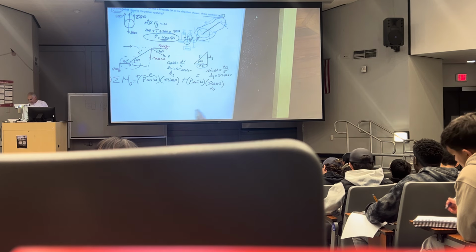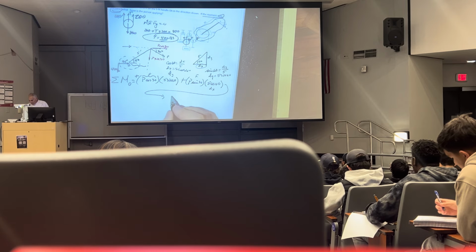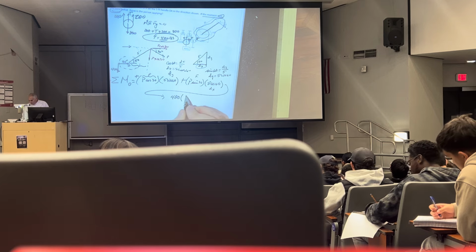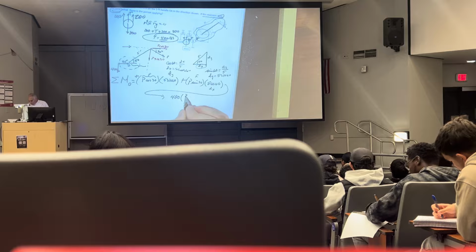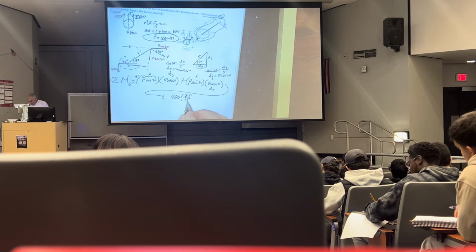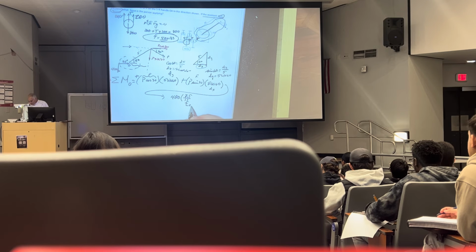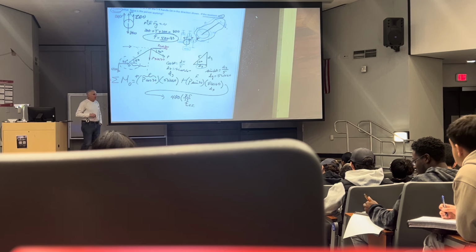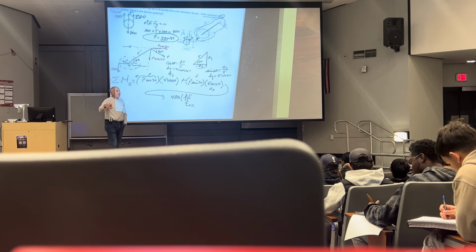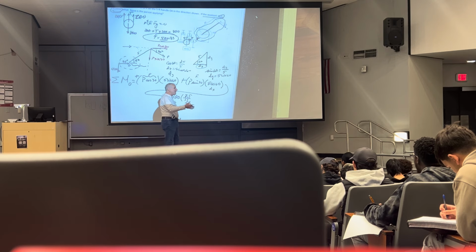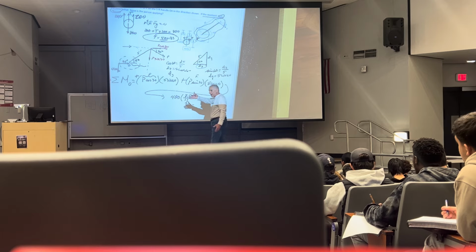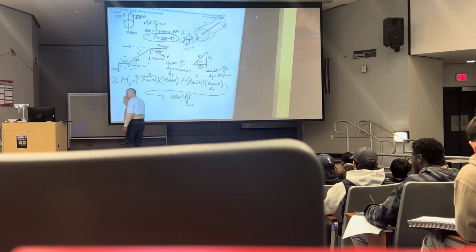Clockwise, positive. Then I have to have the 400 times 7.5 divided by 12. 12 is my conversion factor. Please note, those are 7.5 inches. Everything else is in feet. The 5 is in feet. I can't have 5 feet and 7.5 inches. I ain't going to get the right answer.